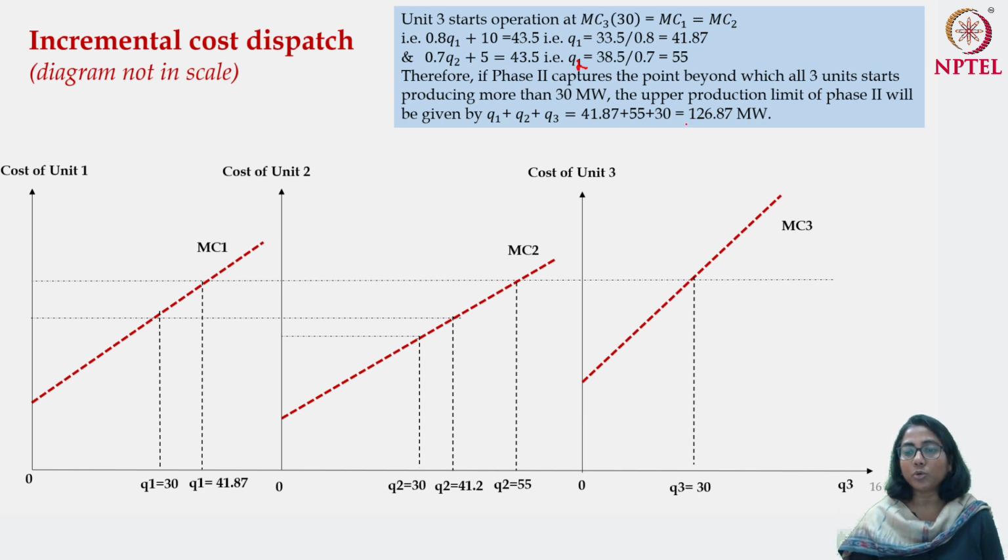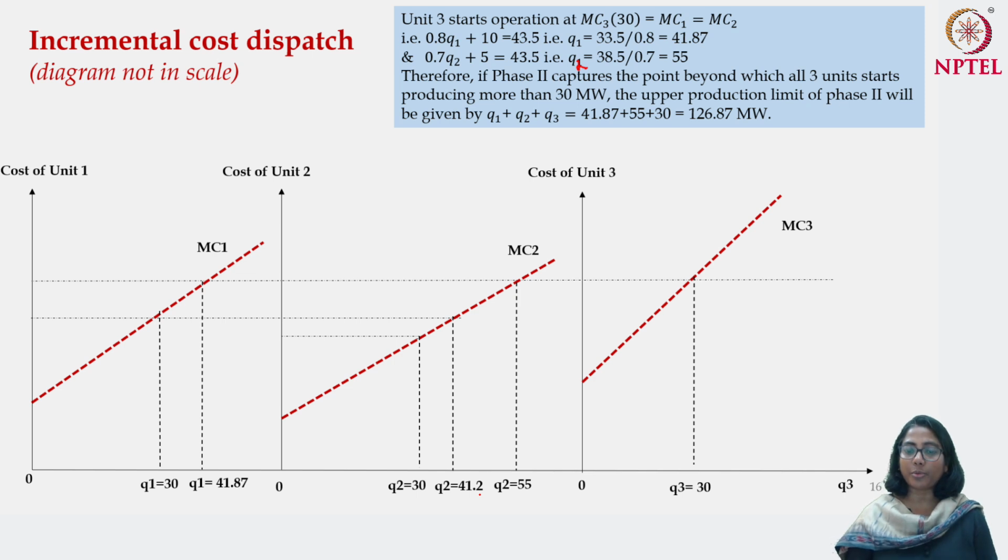So if you go back to the previous results, up to 101.2, only the second plant was producing more than 30 units. When Q2 equal to 41.2, that is 41.2 plus 30 plus 30, that is 101.2.